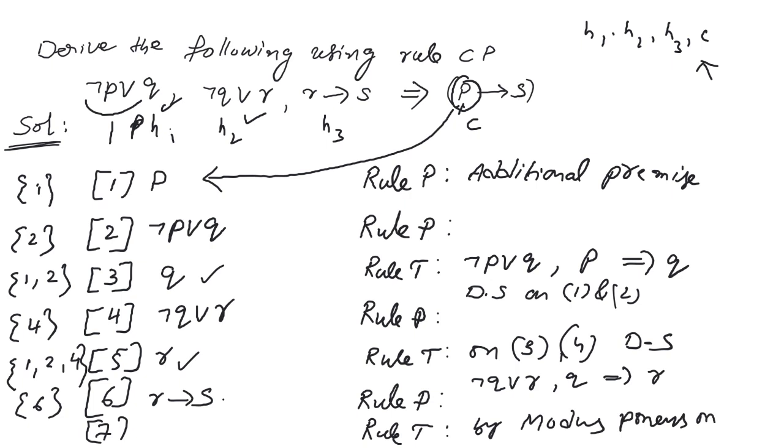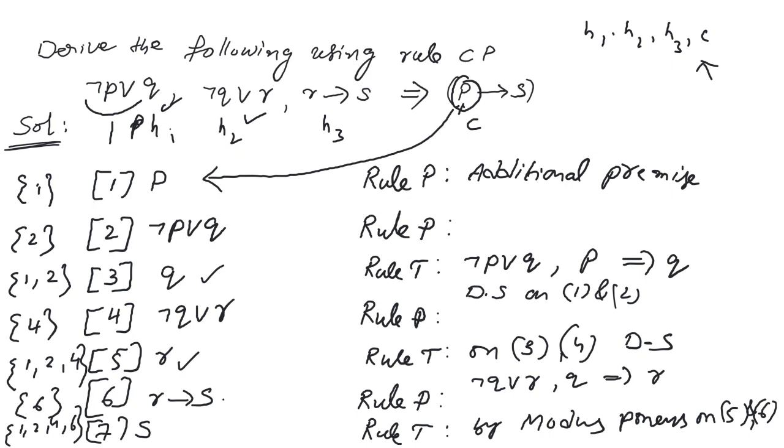By modus ponens on steps five and six. According to modus ponens, when R conditional S is true and R is true, then S will be true. So it follows. Step number seven is the logical consequence of steps five and six. To the left of bracket five, 1, 2, 4 are there. To the left of bracket six, there is set 6. So the union of these two sets indicates that step seven is the logical consequence of steps 1, 2, 4, 6.